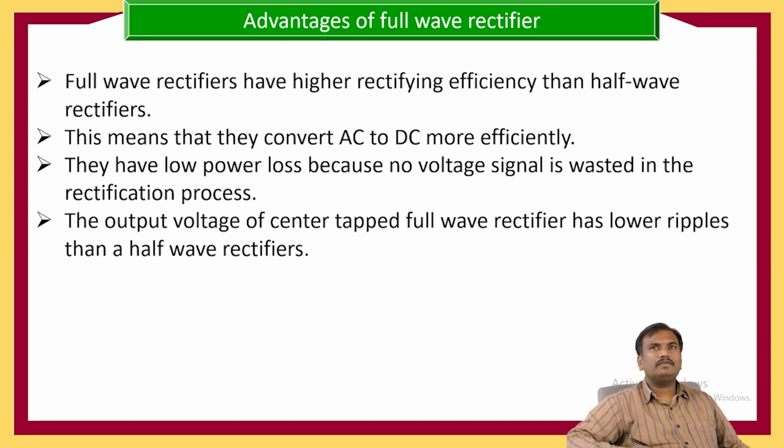The advantages of full wave rectifier. Full wave rectifiers have higher rectifying efficiency than half wave rectifier, and this means that they convert AC to DC more efficiently. They have low power loss because no voltage signal is wasted in the rectification process.